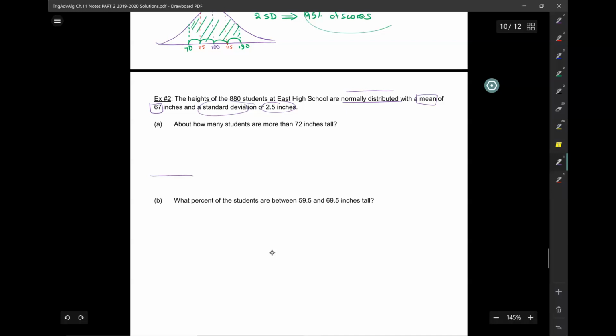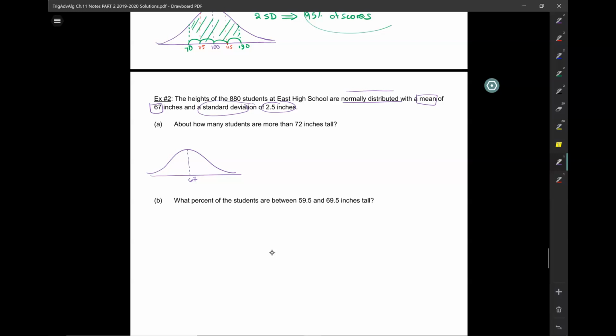Okay, so first we draw. We draw a cute little bell curve. The mean is where? 67. Standard deviation of 2.5. Now we're asking how many students are more than 72 inches tall.